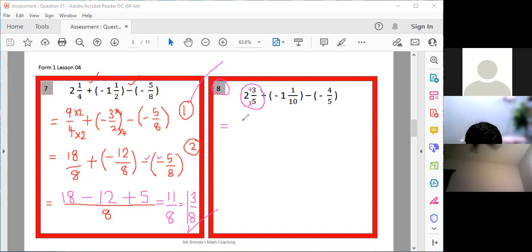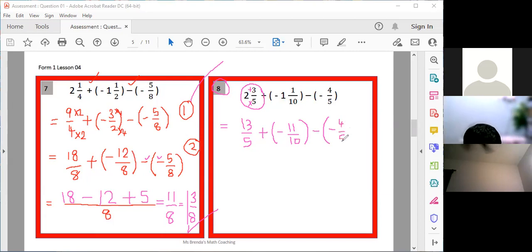Yes, 13 over 5. Write it first. You're only working on changing the mixed number to the improper fraction. Just copy, don't change any positive or negative yet. Now, this one will become 11 over 10. Right? Yes. Close the bracket. Minus. Put another bracket. And this is 4 over 5.